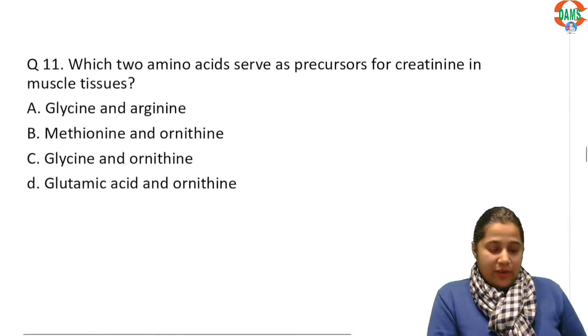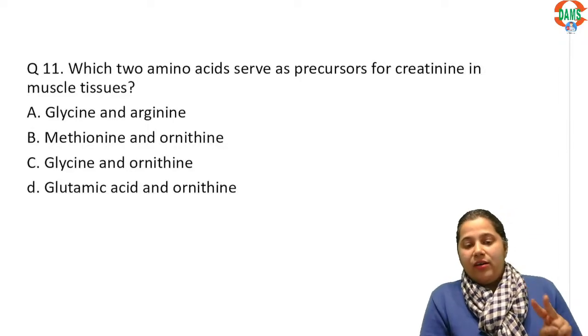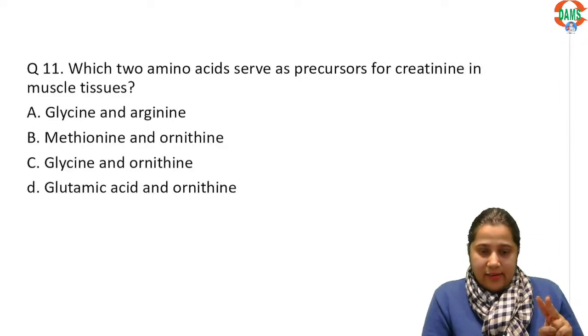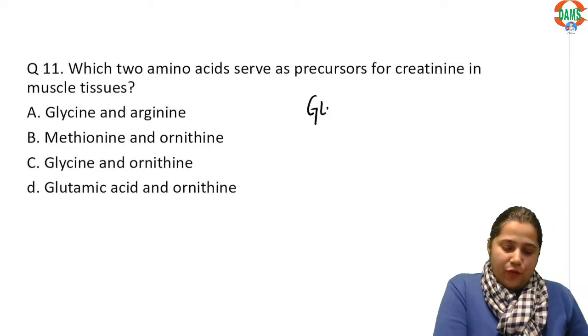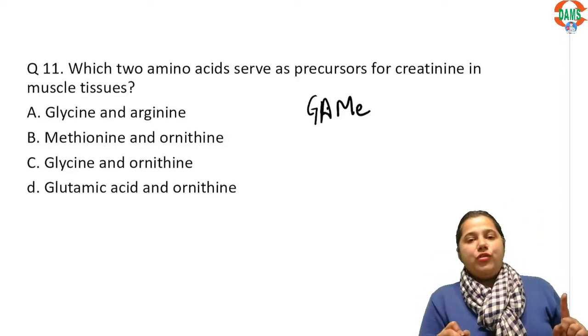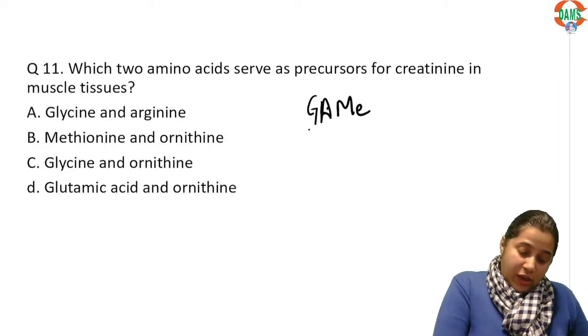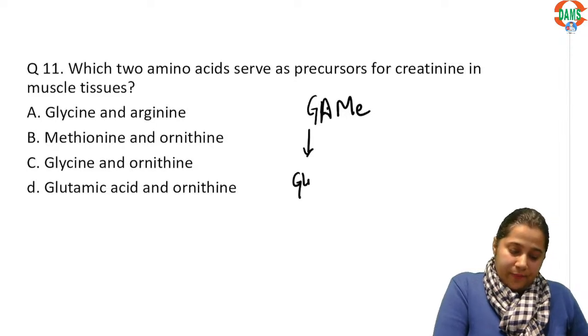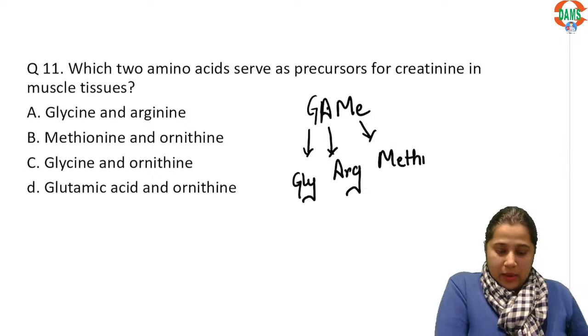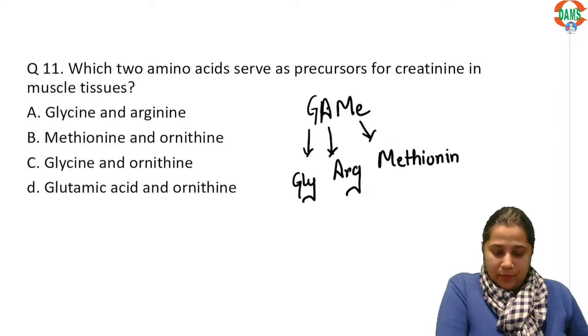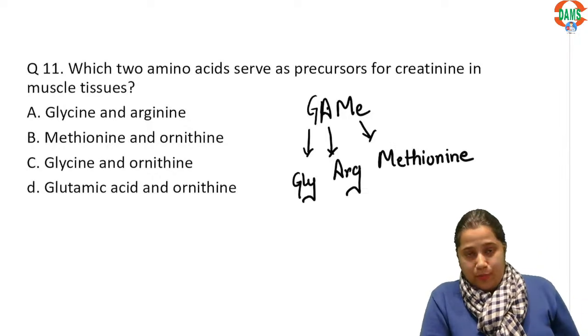Question number 11. Which 2 amino acids serve as a precursor for creatinine? Always remember, creatinine is formed by 3 amino acids. I always use the mnemonic GAM. G for glycine, A for arginine, and M for methionine. Now, creatinine is a waste product.